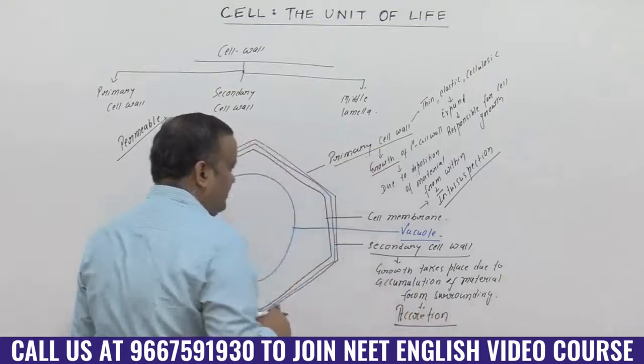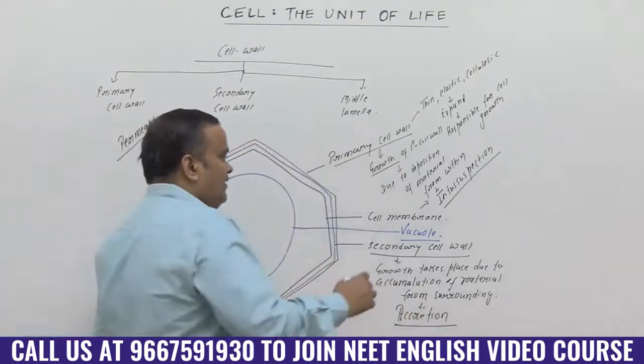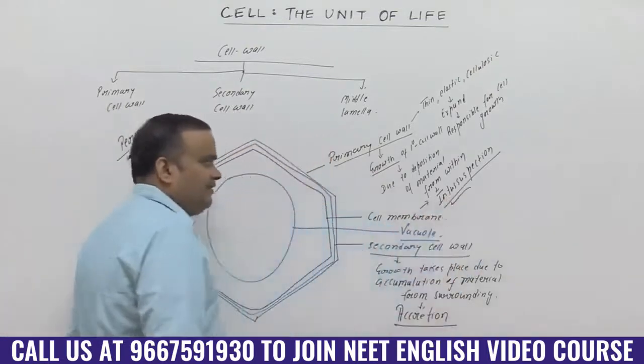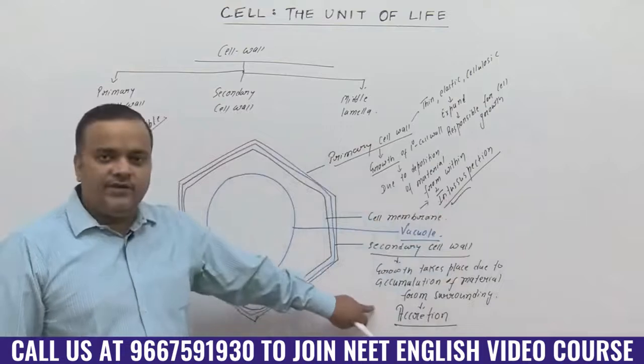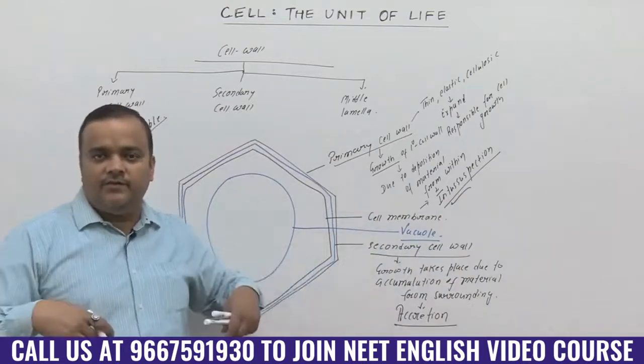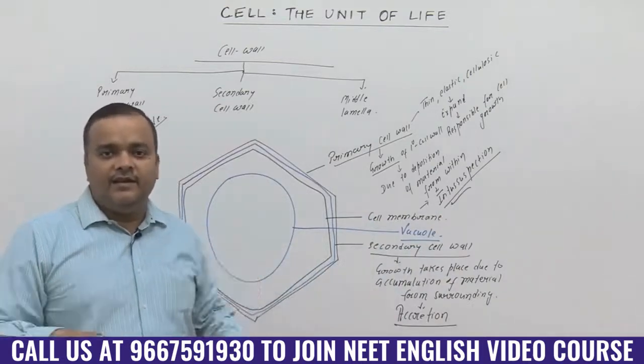So growth of primary cell wall is due to deposition of material from within, that is intussusception, and growth of secondary cell wall is due to accumulation of material from surrounding, and it is known as accretion.